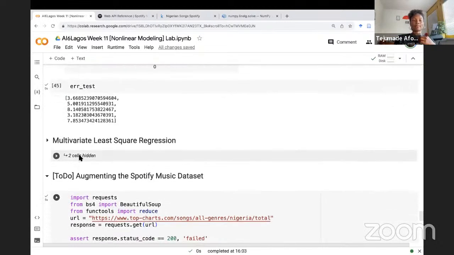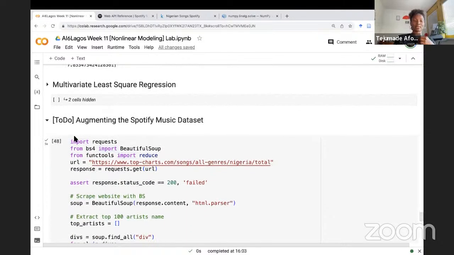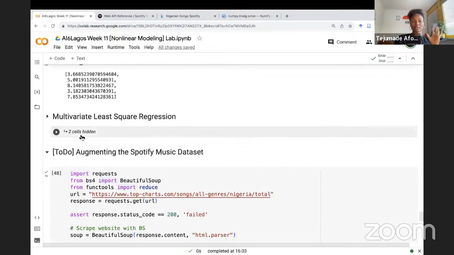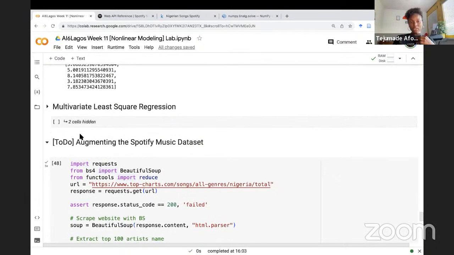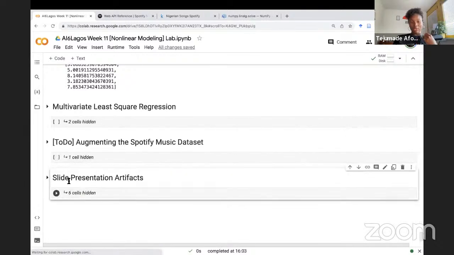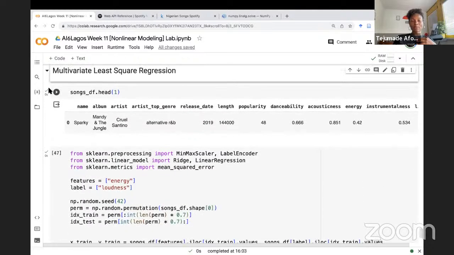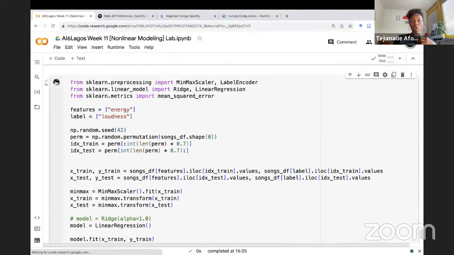Anyway, the rest of the notebook is just asking you to think a little bit. You can ignore this part; it's just some extra for the slides. This one is about what happens when we try to use more than one variable.